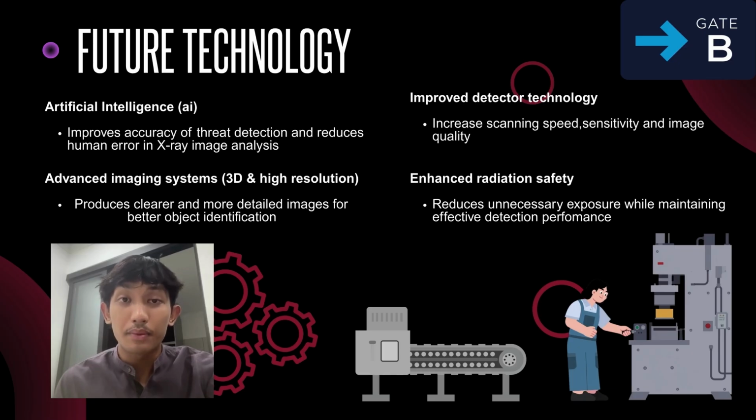This can improve the ability to identify objects hidden inside baggage. Furthermore, improvements in detector technology increase the efficiency of screening by allowing faster scanning, higher sensitivity, and better image quality.